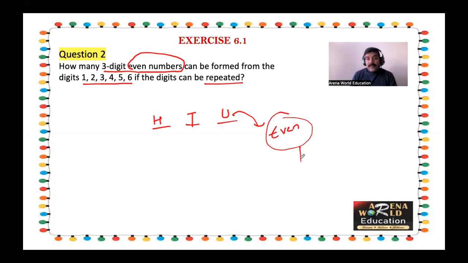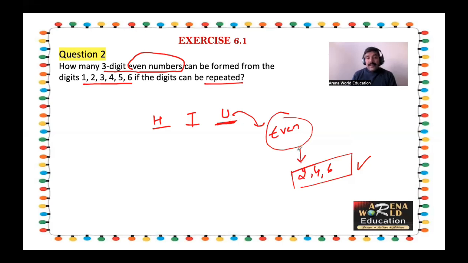So even numbers. So they are only what? 2, 4, and 6, right? So if we talk about unit digit, so unit digit can be filled by only these 3 digits. If we place 1, so that number will not be an even number, right?